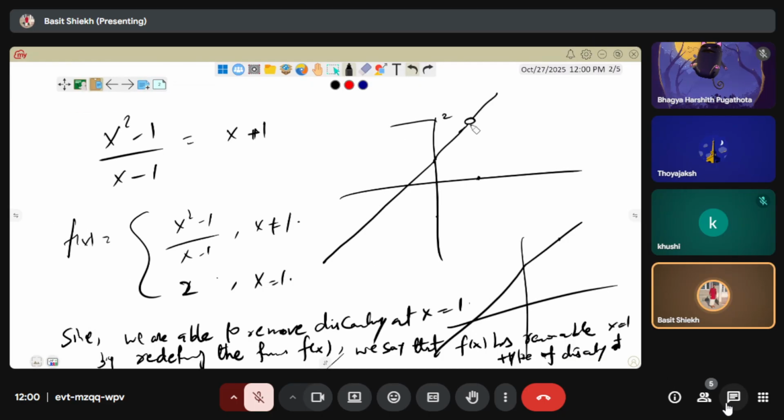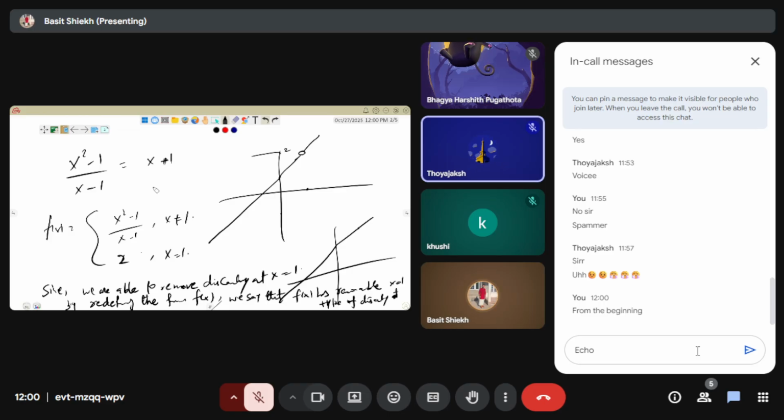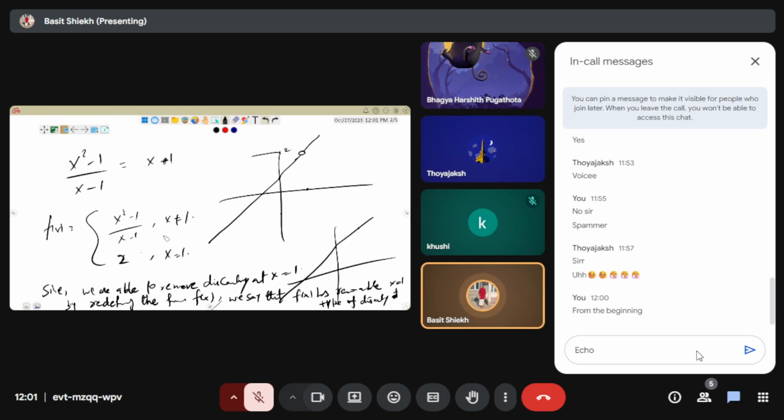This point was missing in our domain. We redefined our function at this point to be the limit. Types of discontinuity.